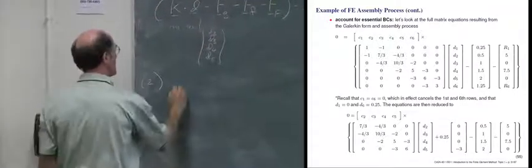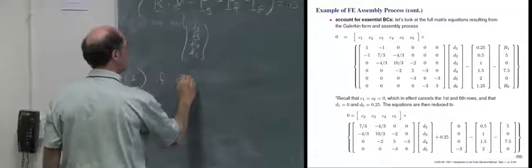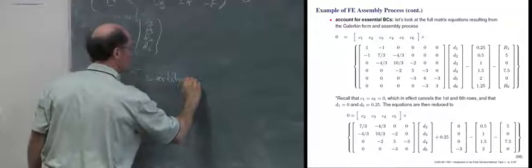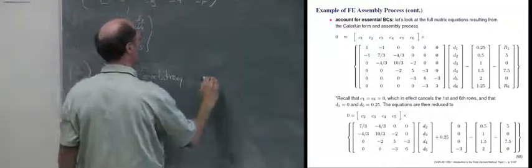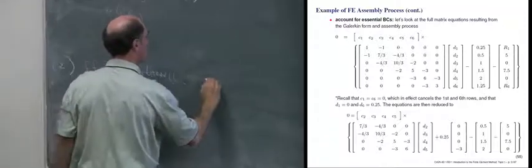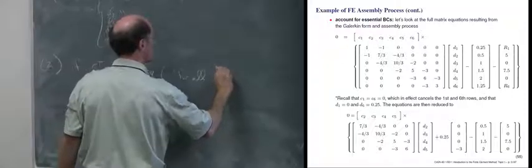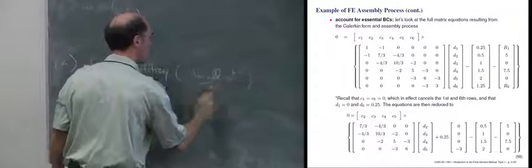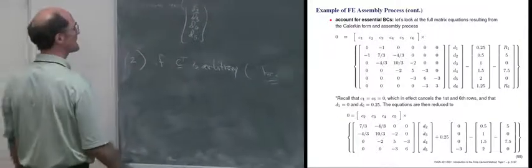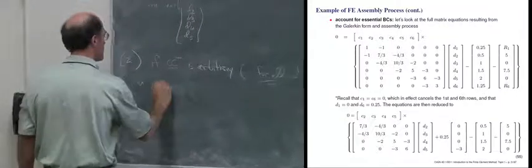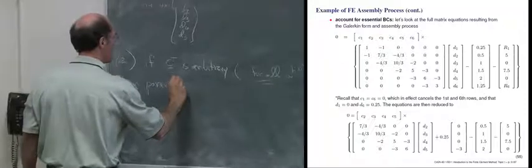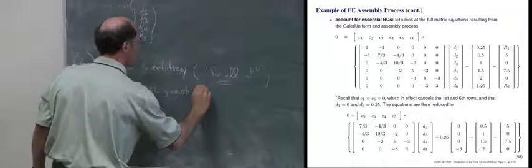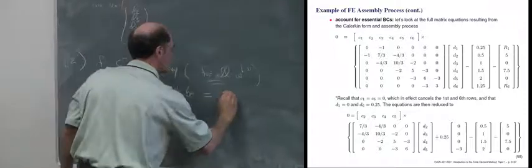So if C is arbitrary, we say here for all WH, so for all values of the weighting function, that's where the for all is important, then that implies that what's in parentheses must be equal to 0.